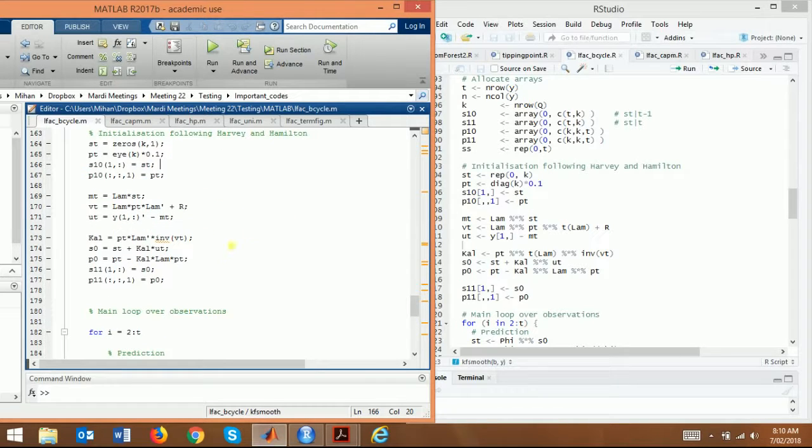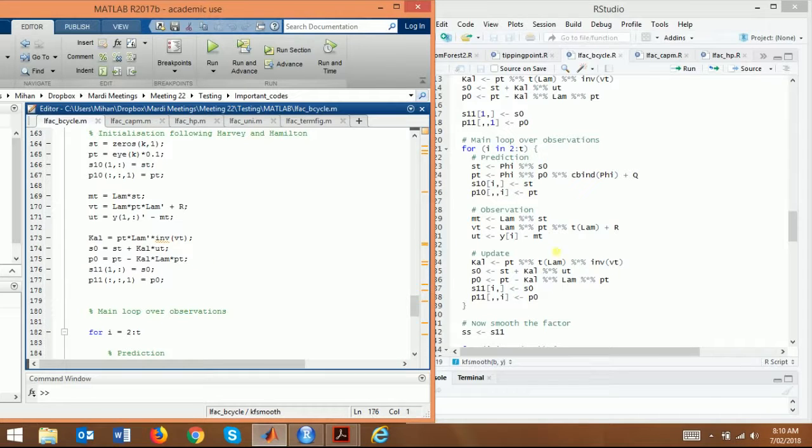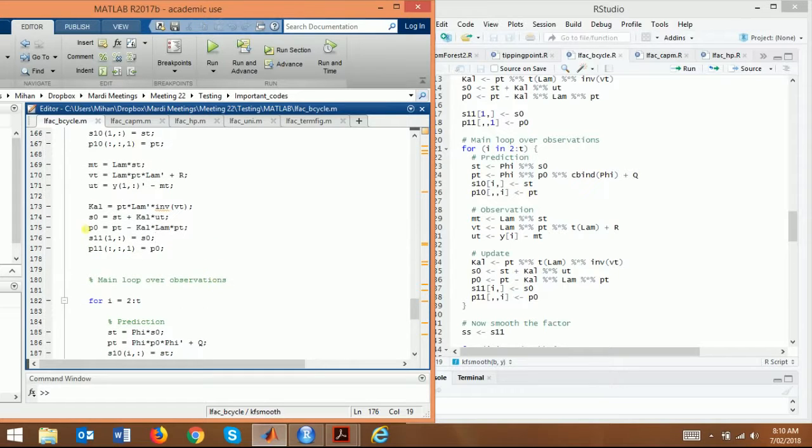So we initialize using Hamilton just like before up to this point. Then S11 is 1 row and 1 column, and P11 is a 3D matrix updated from the representation.